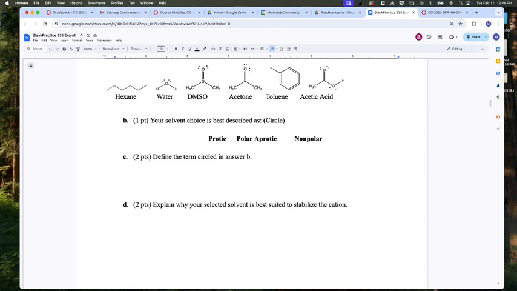Are you internally consistent? And then what's your explanation? And if you're going to tell me the hexane is going to do a better job at stabilizing that cation than any of the others, well, no, you're wrong. I don't think you can tell me anything that would make me go, yes, you're right. Which means you're going to lose 2 points here, but you then pick up the other points for being internally consistent with that information. Does that make sense?